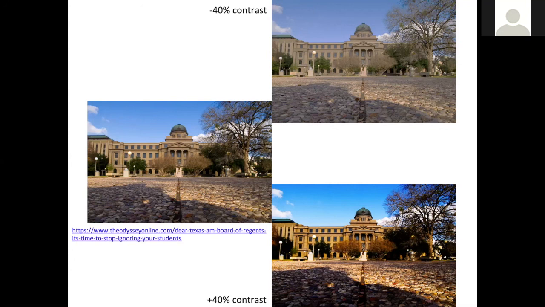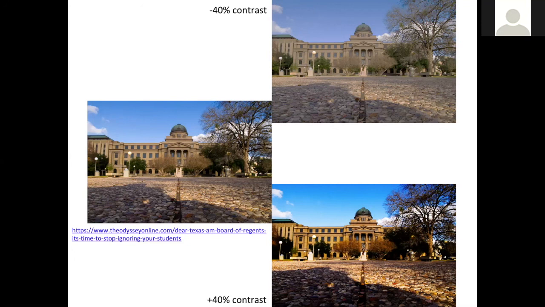You can see the shadow stands out. Another example is the cloud. The cloud in the top image with minus 40% contrast blended into the background. But with plus 40% contrast, the clouds stand out.